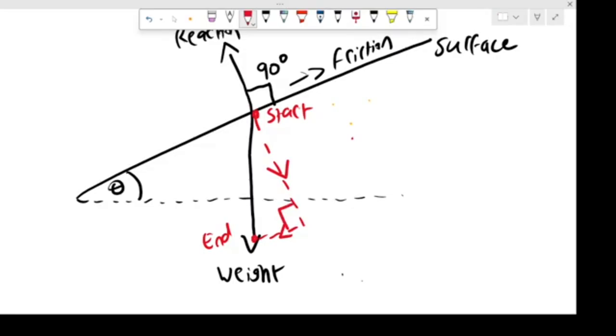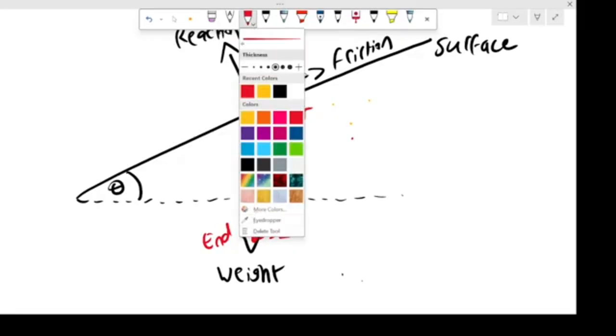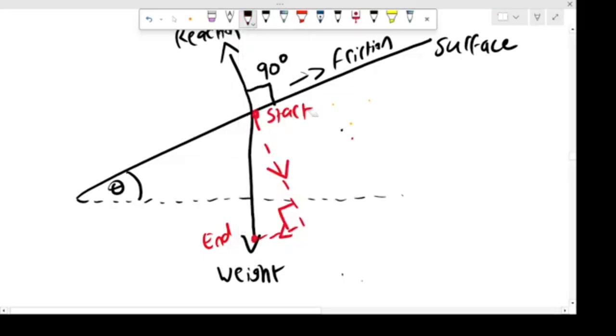What also happens, if I change the color, is this angle here turns out to also be theta.